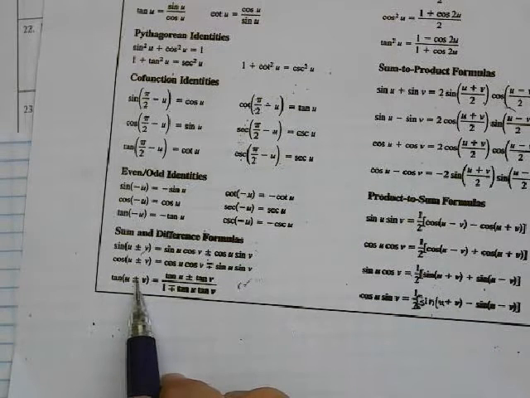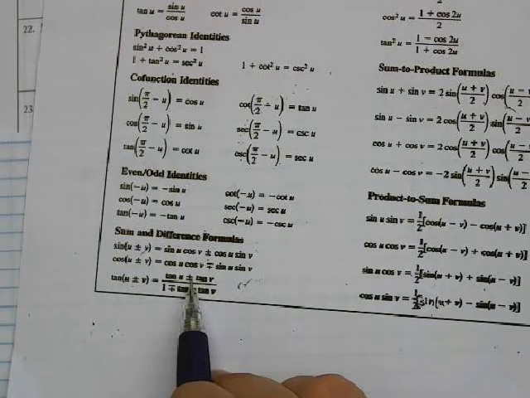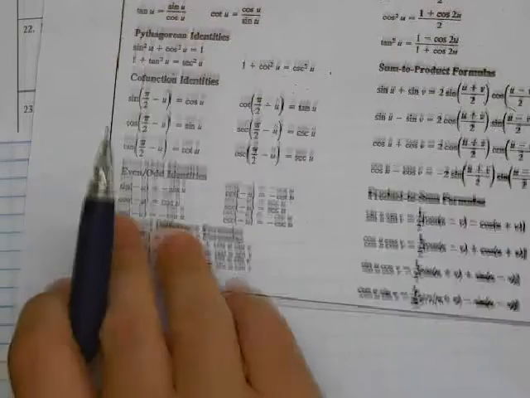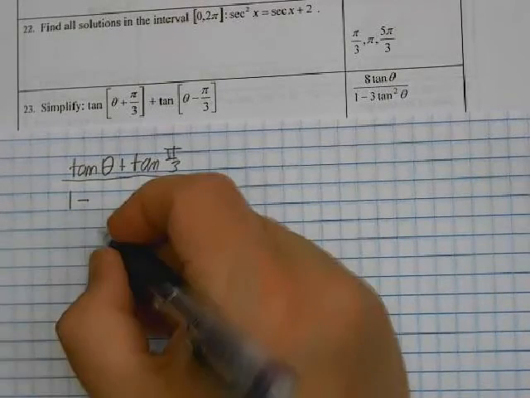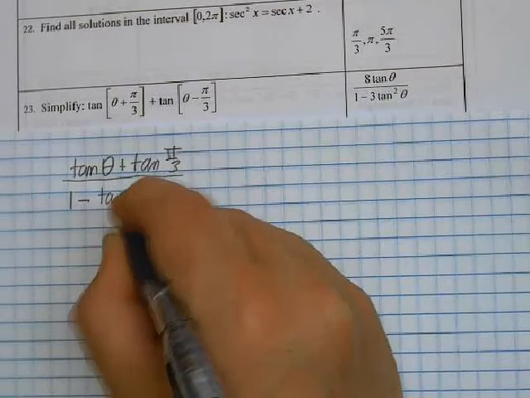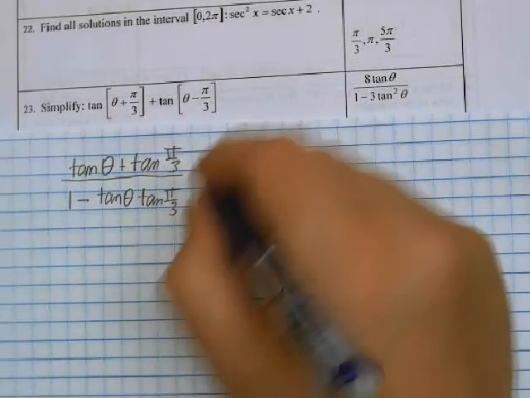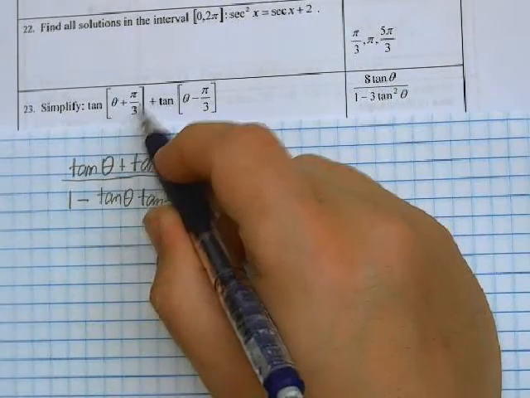If I use the plus here, that's the top symbol. I use the plus on the top because that's the top symbol. But on the bottom part of the fraction, I'm going to use the minus, just to make sure you understand what that does. So I get 1 minus tangent theta tangent of pi over 3. Now, that's just this part here.